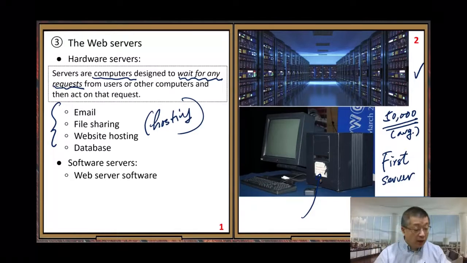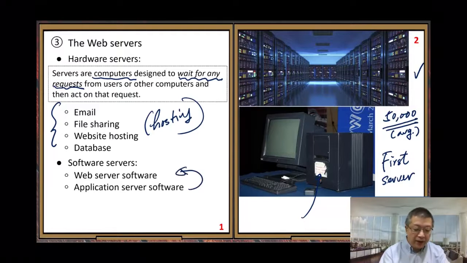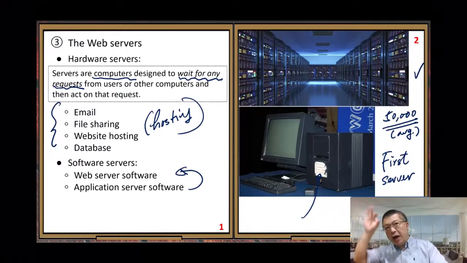Yeah. All right. Another type, application server software. Application server software. I feel most of you may not know this name, application server. Actually, we can treat it as a high-end web server. So web server software, we can treat as low-end, okay? Application server, we can treat as the high-end part. What do you mean by low-end, high-end?